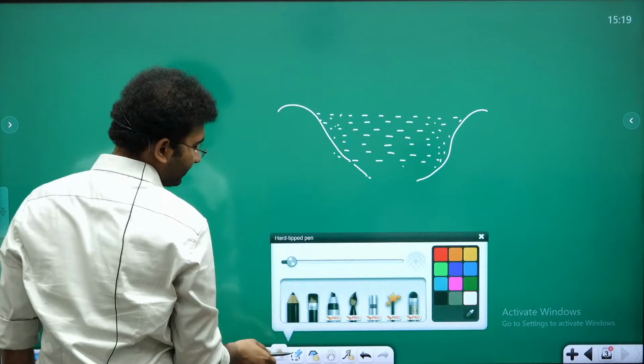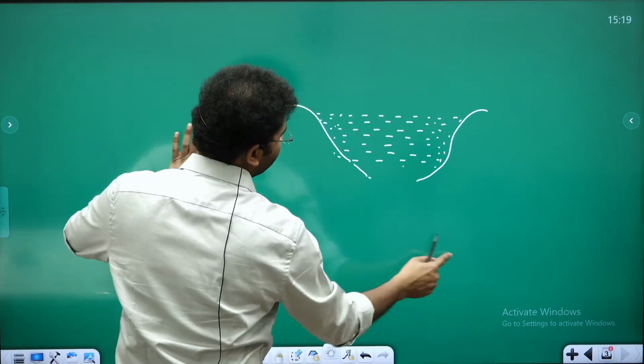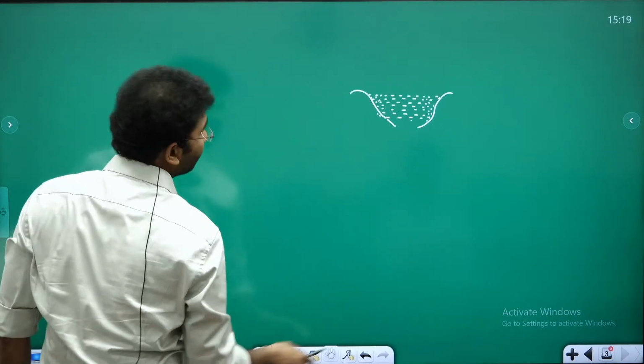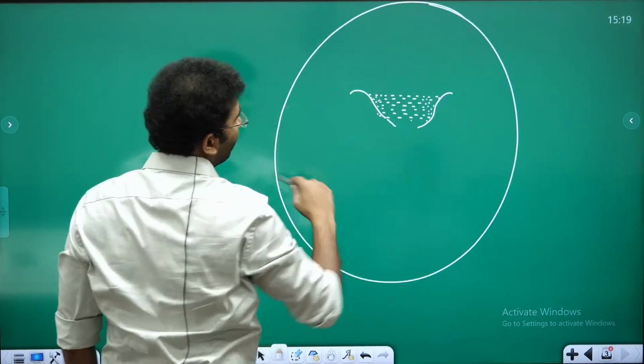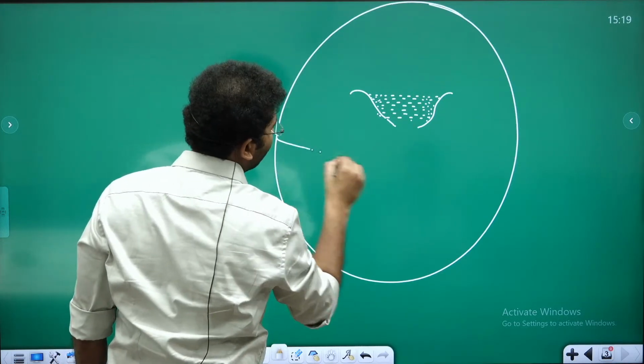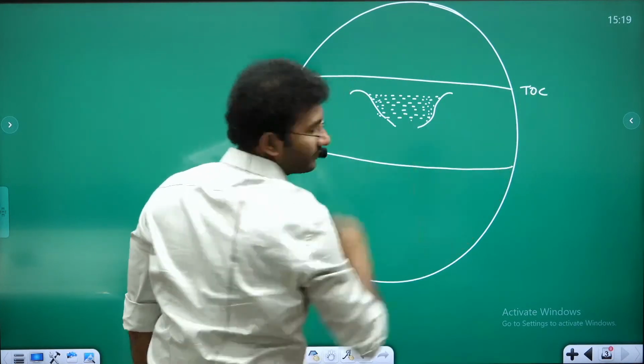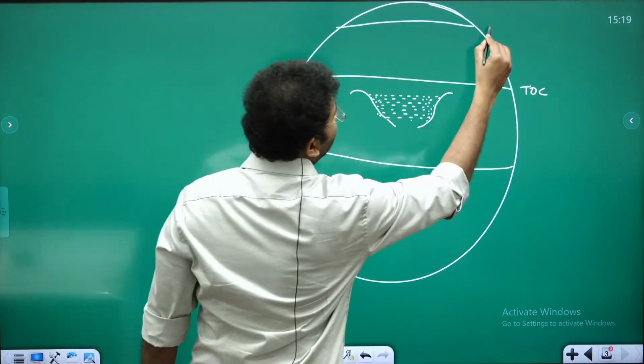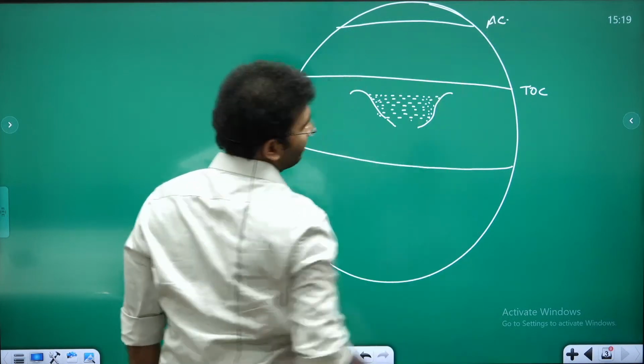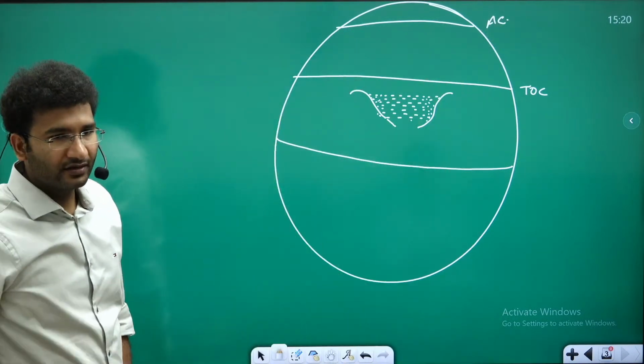Imagine that this part of the ocean is present in the mid latitudes, or else let's consider this is your equator, and this is your tropics, Tropic of Cancer, and this is your Arctic Circle, right?